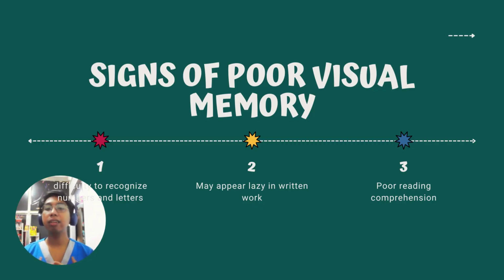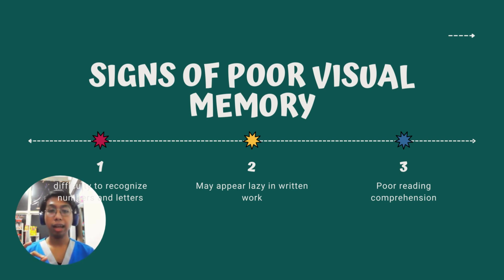What about signs of poor visual memory? I think this is the most important thing that I want to talk about, because if you don't know that your child has poor visual memory, it could affect them in terms of academic abilities or daily life routine. So the first sign is difficulty recognizing numbers and letters.